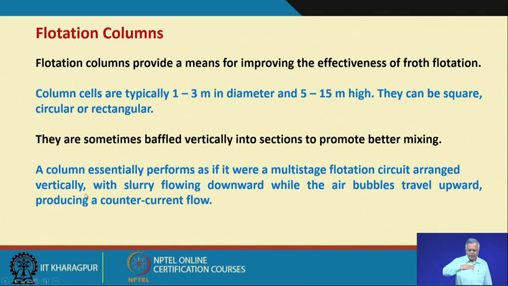It means you have got stages of flotation arranged vertically. With slurry flowing downward, while the air bubbles travel upward, producing a counter current flow. That means, slurry is trying to go down and the air is trying to go up, so that you can have a proper mixing between them. It is a typical design.